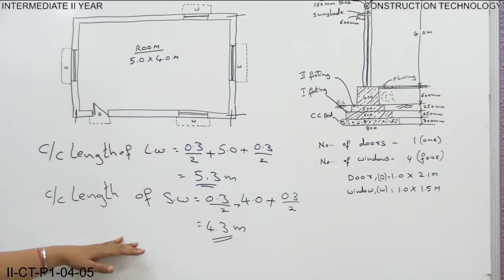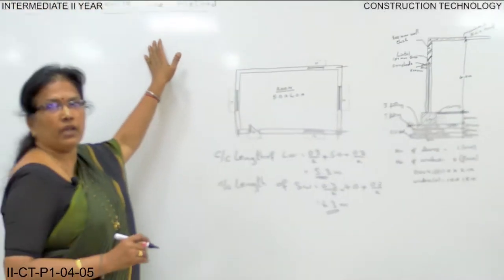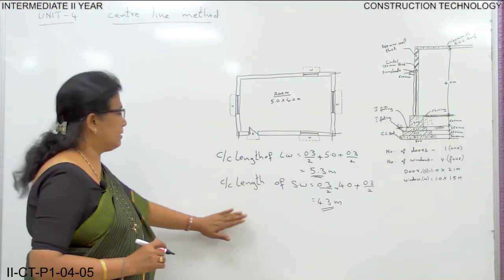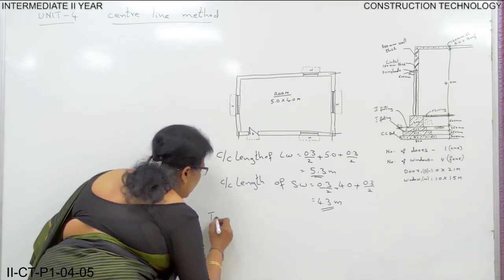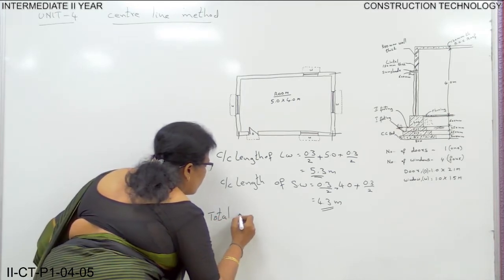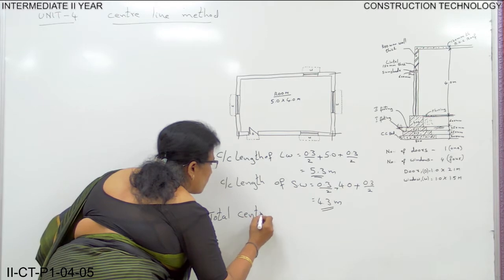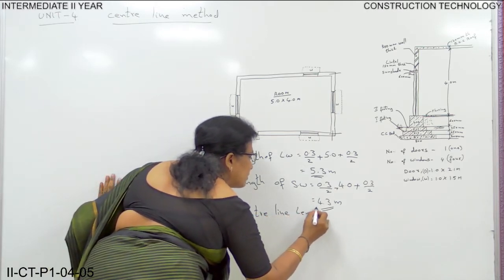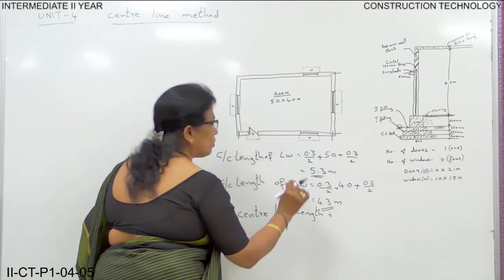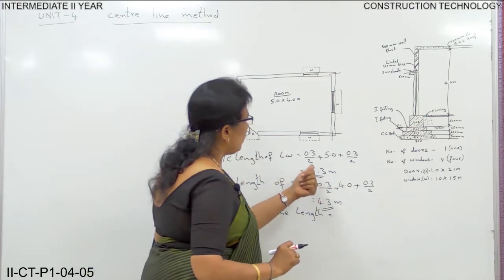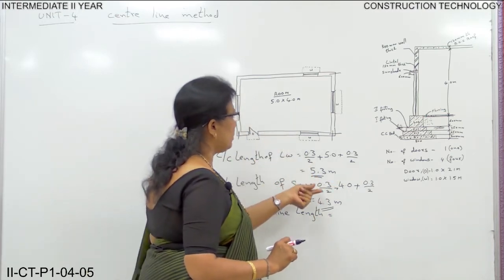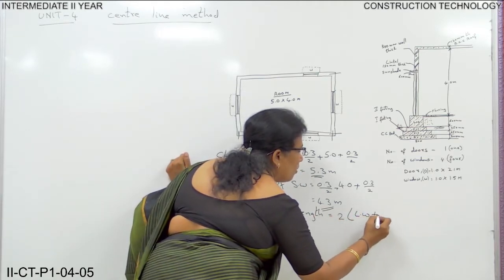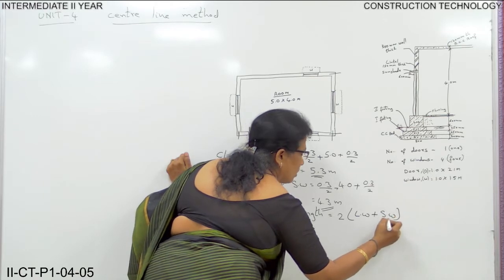But here for the center line method, we need to calculate the total center line length. So the total center line length is equal to, how many are there? Only 2 long walls and 2 short walls. So 2 into long wall plus short wall.